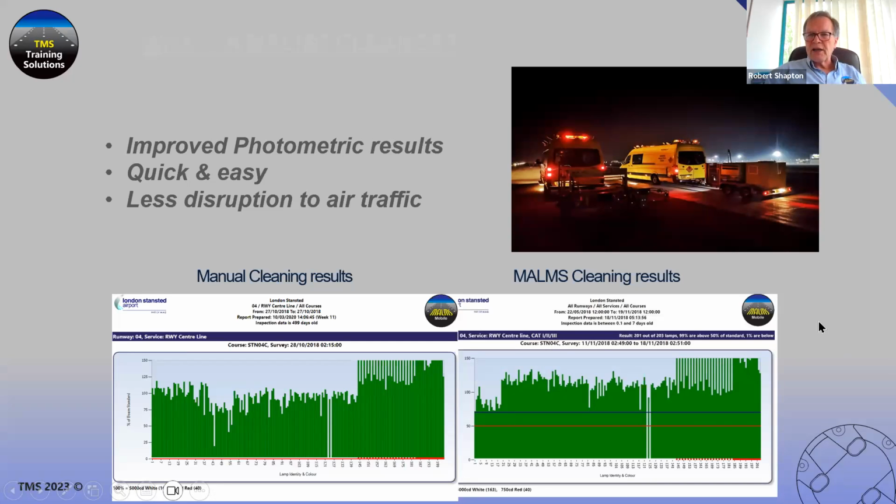We've done numerous studies. Again, each airport will be different. But the first point to note is the difference between manual cleaning results and, in this case, soda-based MARMS cleaning results. We went to an airport to demonstrate the MARMS cleaning system, the machine which uses bicarbonate of soda and air to clean the lenses.